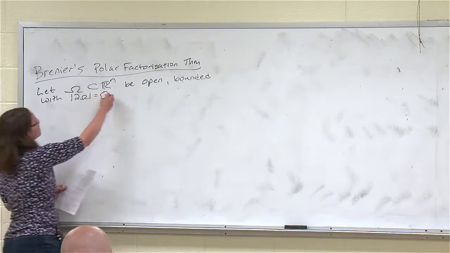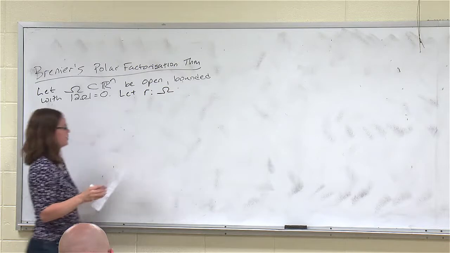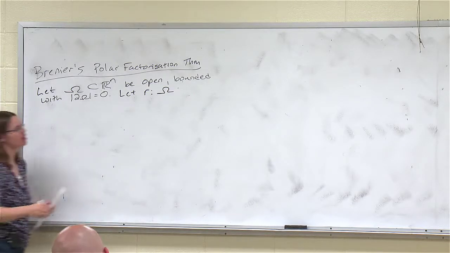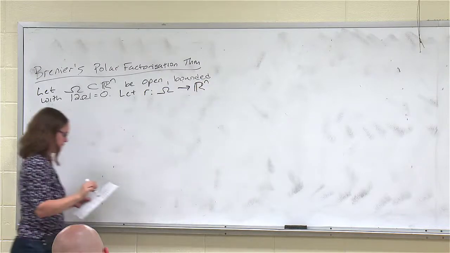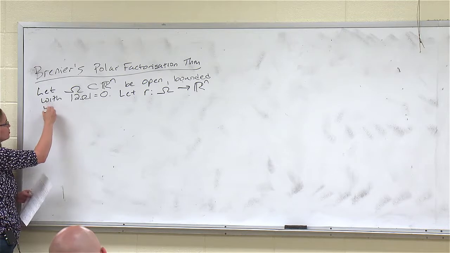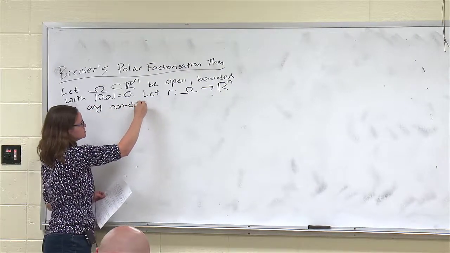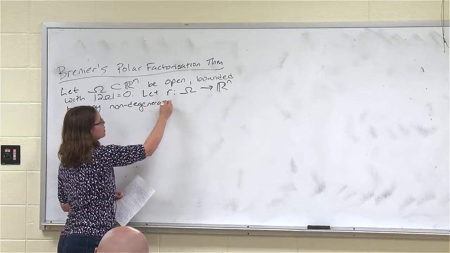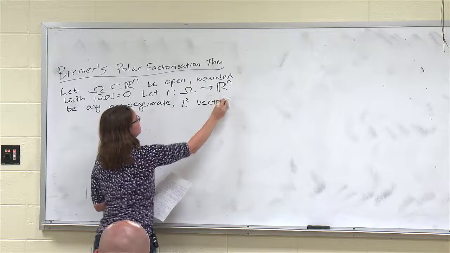And we're going to take any vector valued mapping R. So this takes our domain and maps it onto something in Rn. And again, this is something that's reasonable. So we're going to say it's non-degenerate. It should be in L2, a vector valued mapping.